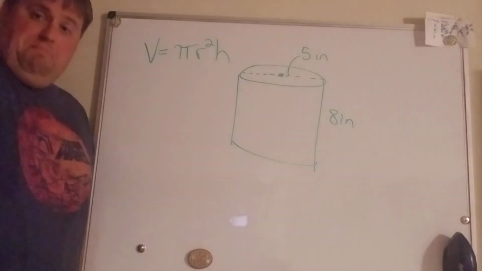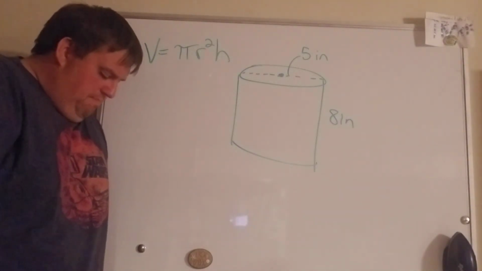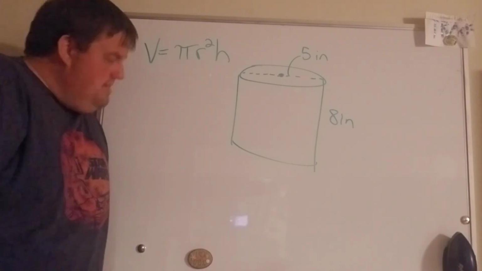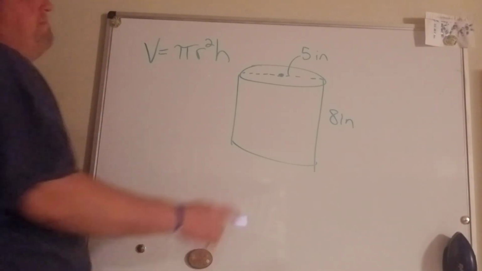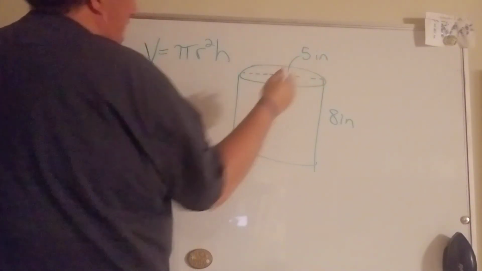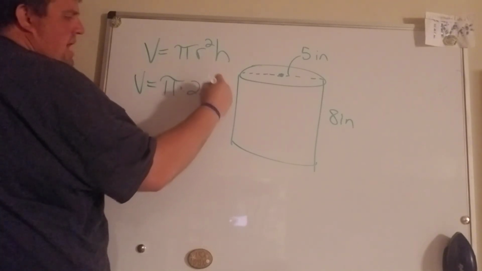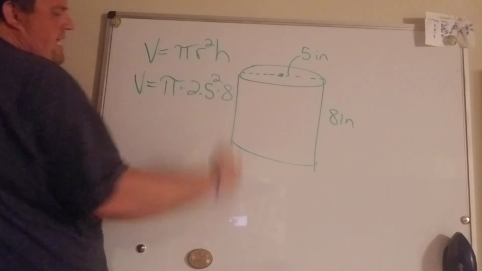And pi is obviously pi. On the test, you could use 3.14, or you can use the pi button, and both of those would be fine. But here, the important part is they give you the whole diameter. You only want the radius. That's only half of that. So this is going to be pi times 2.5 squared times 8.